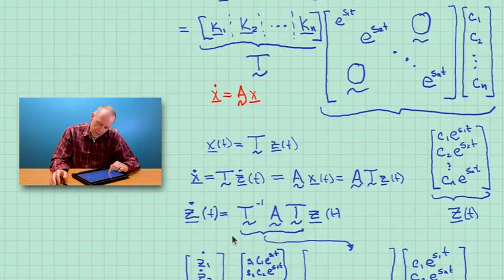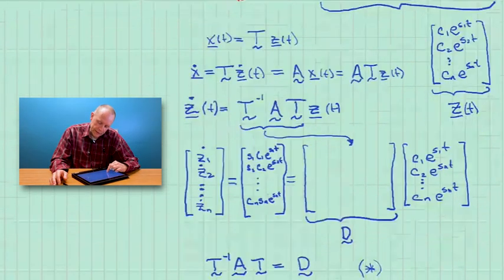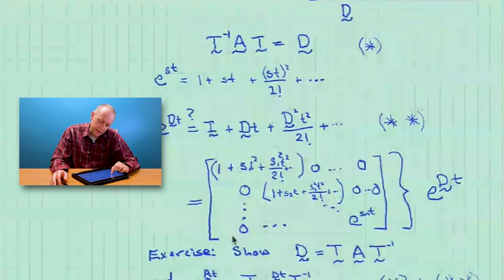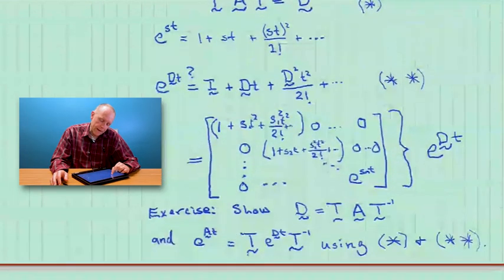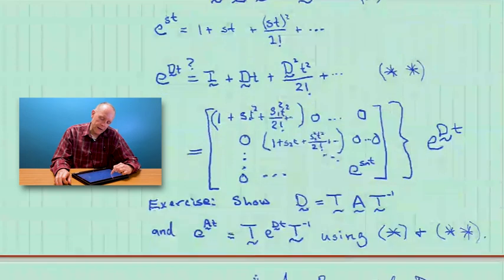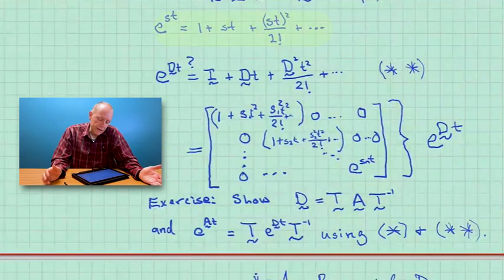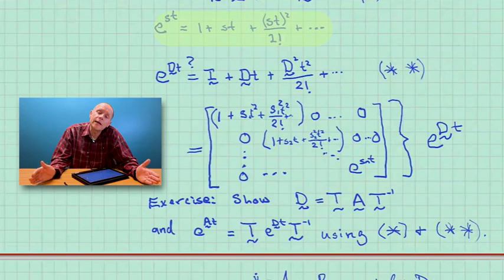But I do remember a thing we learned back in calculus, and that was the Taylor series. If you look at the top line in my notebook right now, you will see that the Taylor series for e to the st is 1 plus st plus s squared t squared over 2 factorial plus dot dot dot. And all of those operations I could actually do with matrices.